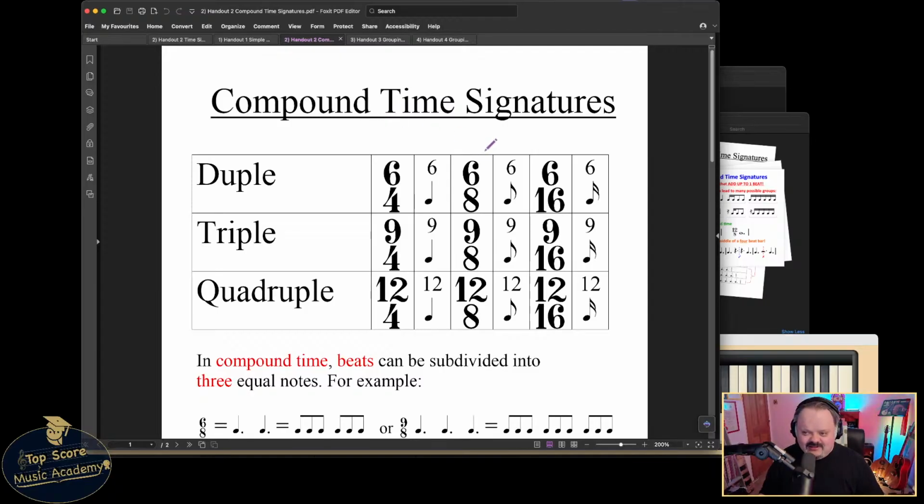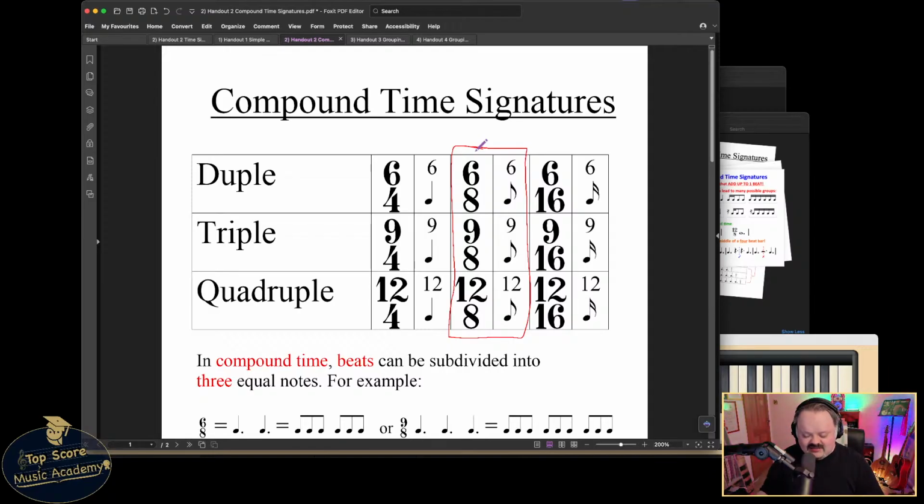And the ones in the middle are the ones, again, that you should absolutely memorize because they're the most popular. 6/8 for single jigs and double jigs, 9/8 for slip jigs or hop jigs, and 12/8 for slides if you're doing trad music. Yeah, so what makes them compound? Each beat can be split into 3 equal parts.